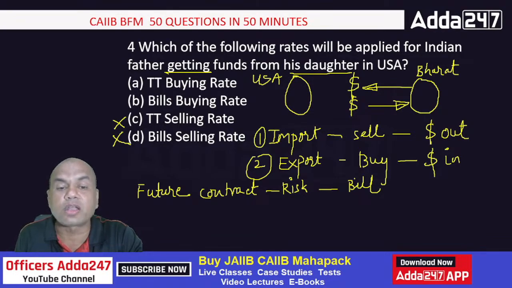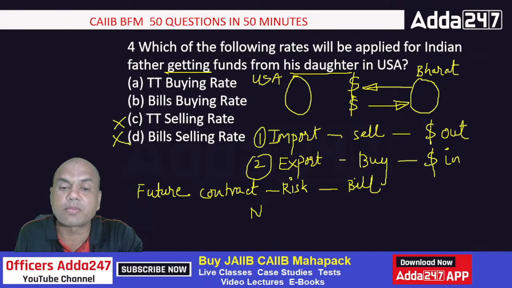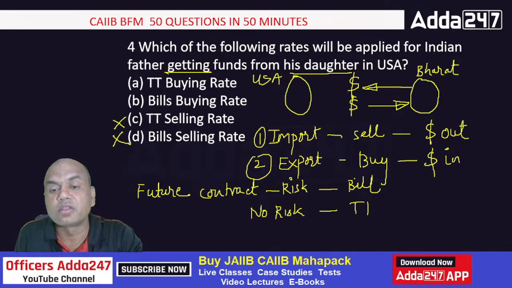And whenever I'm not using the bill rate, I'm doing a simple, normal transaction without any risk, just now. I have to debit the account and transfer the funds without any risk. So whenever there is no risk, I'll be using the TT rate. Here, the father is getting funds from his daughter.